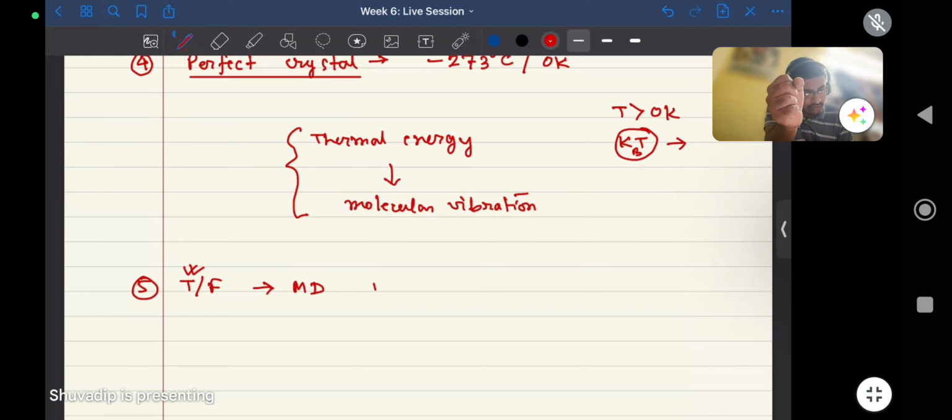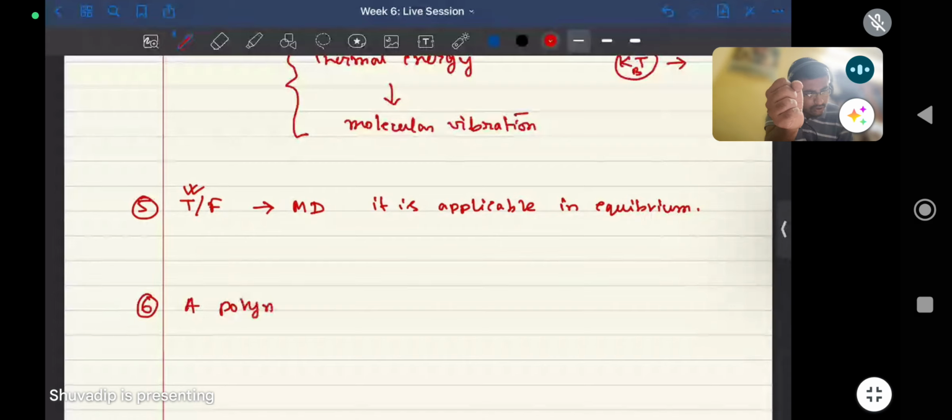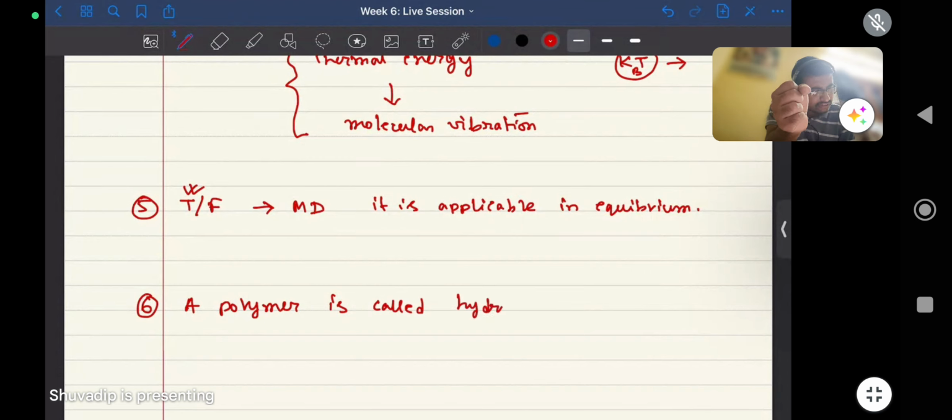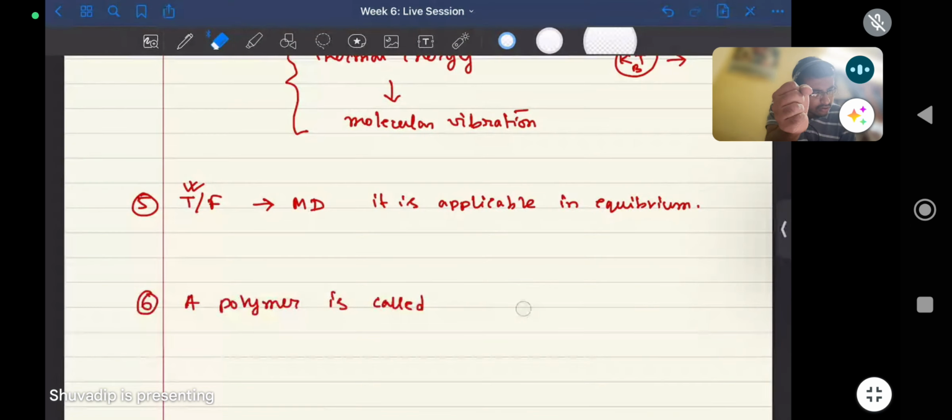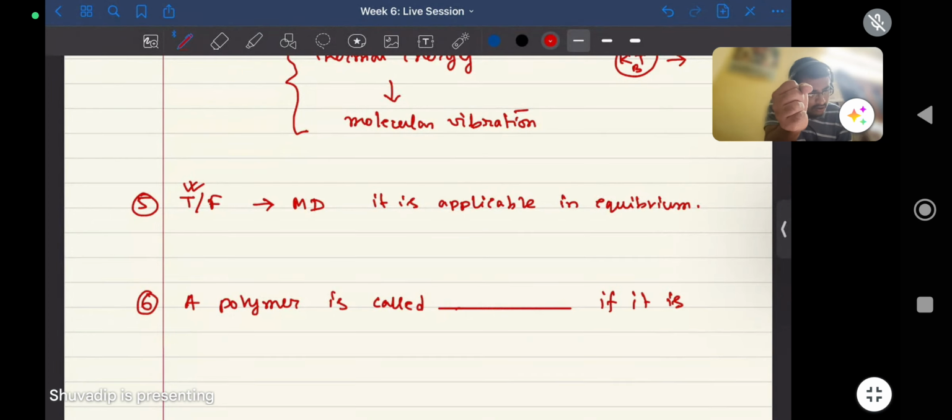So next question: a polymer is called hydrophobic if it is insoluble.